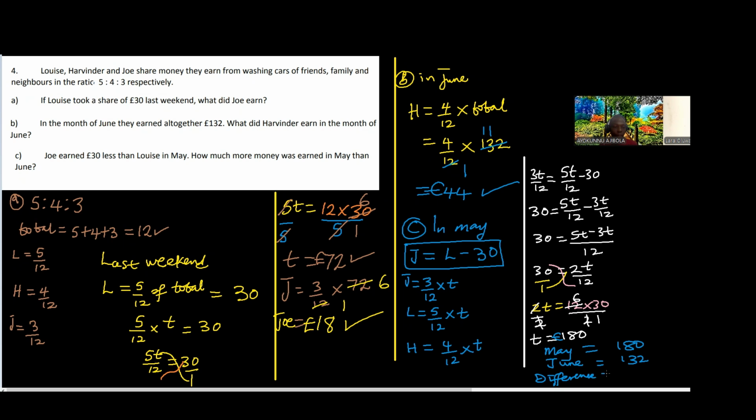We subtract: 10 minus 2 is 8, 7 minus 3 is 4, and 1 minus 1 is gone. So that is 48 pounds. So they earned 48 pounds more in May than in June. Is that clear?